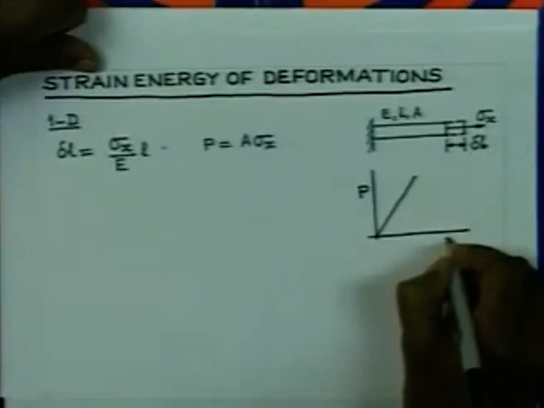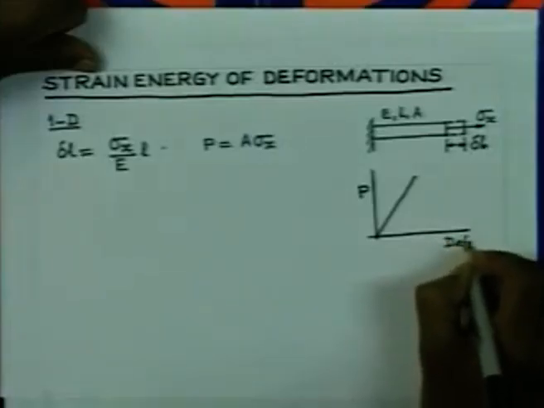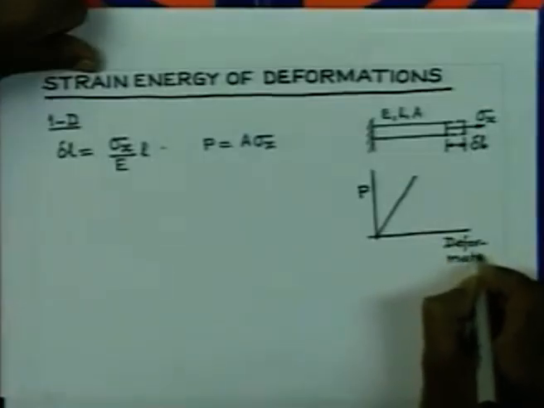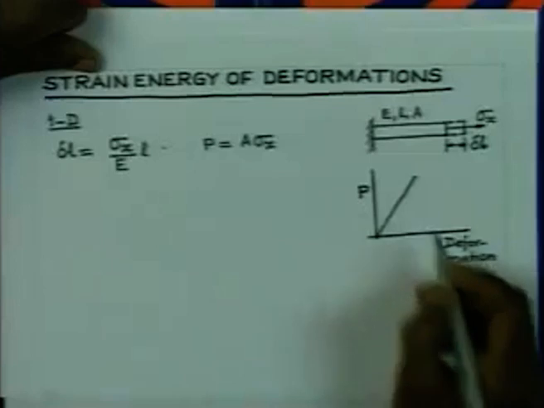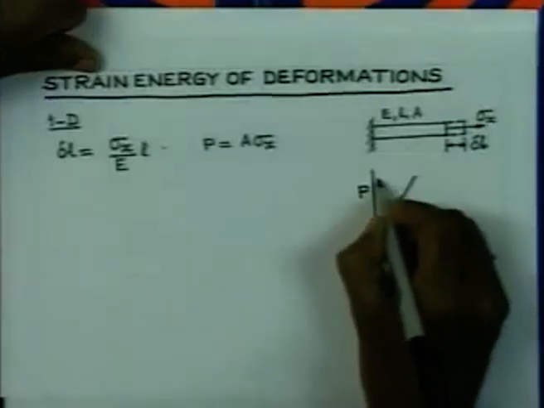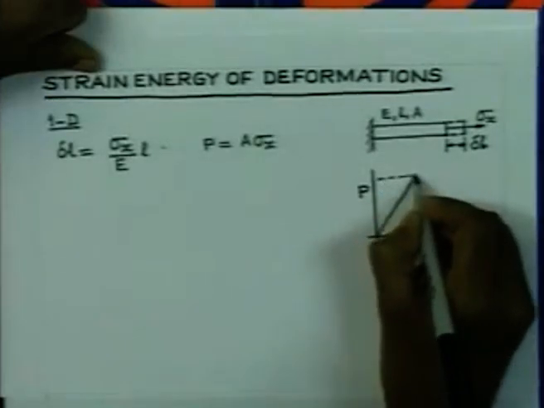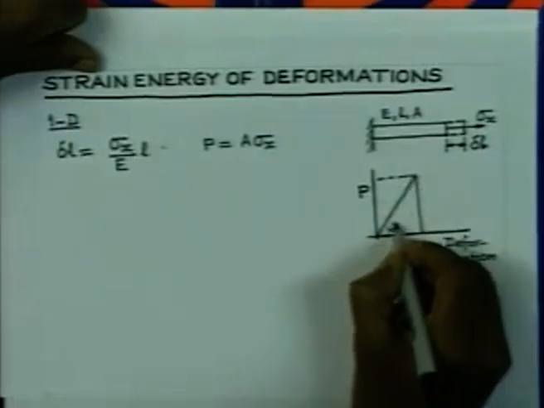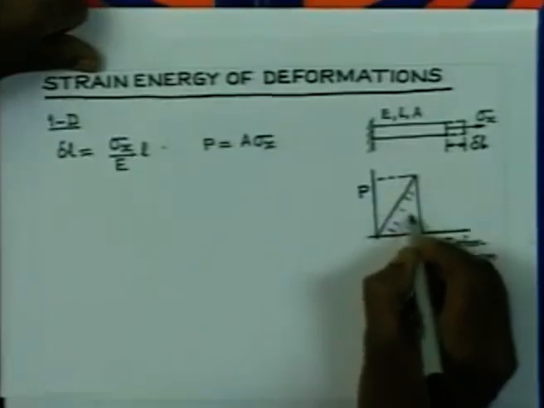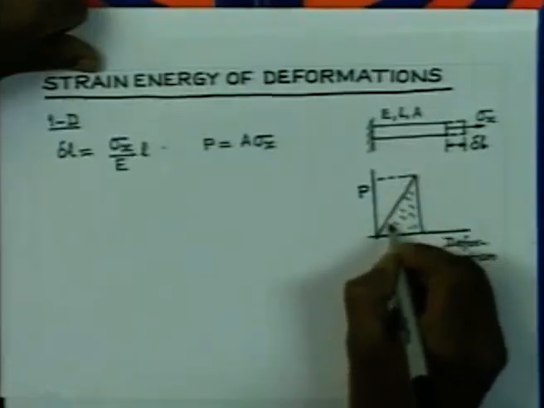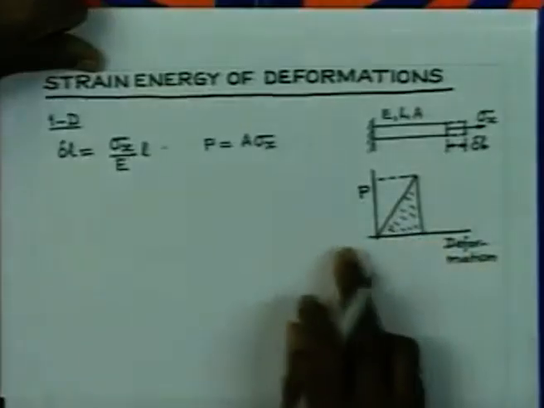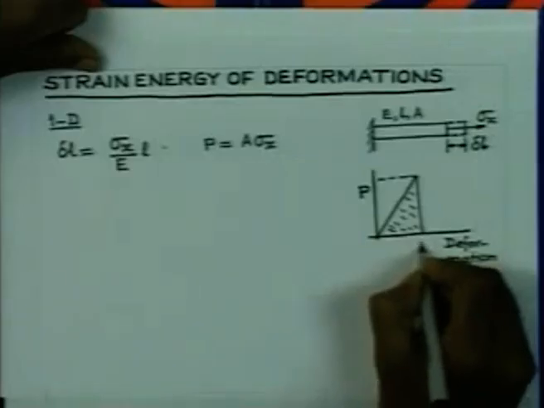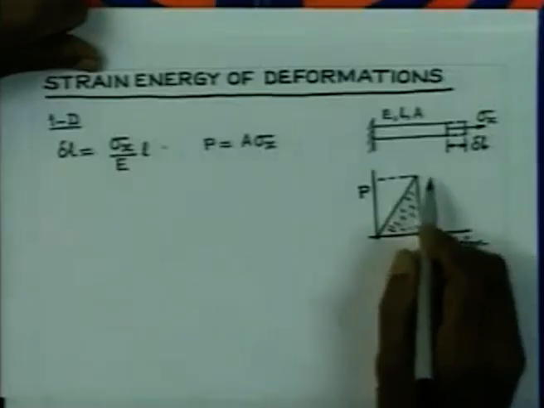So if you plot the deformation in this direction, the load versus deformation varies like this. When you have got to a particular level, the amount of energy that has been put inside the body, or the work done, is given by this triangle. So if you consider that this deformation is equal to u, the work done is Pu by 2.